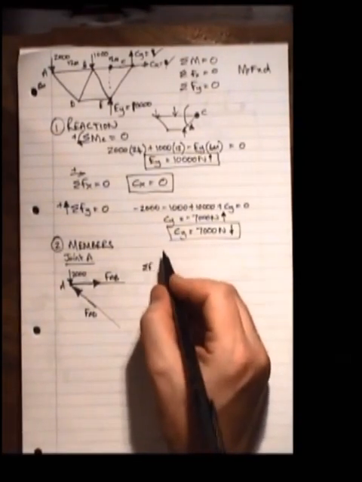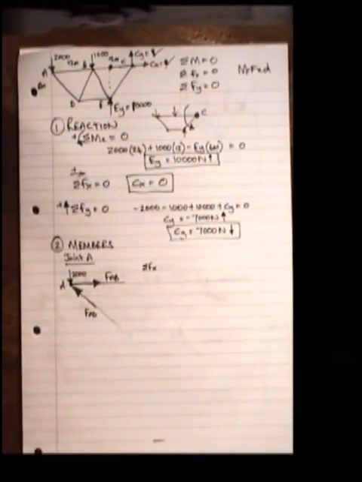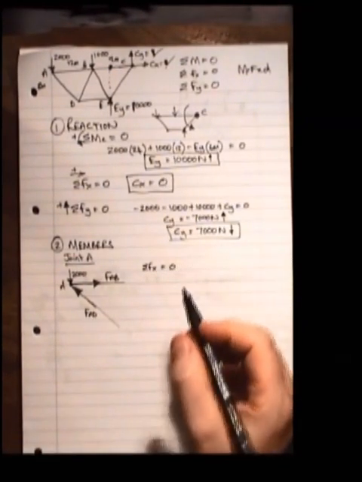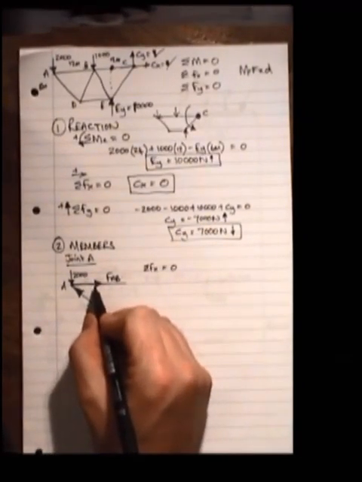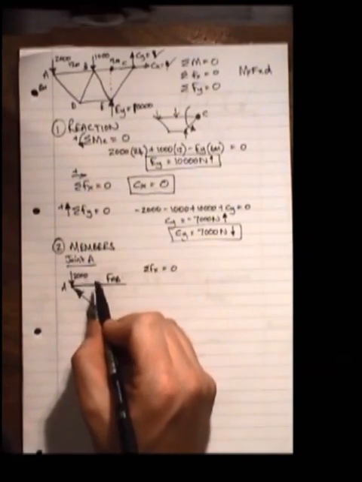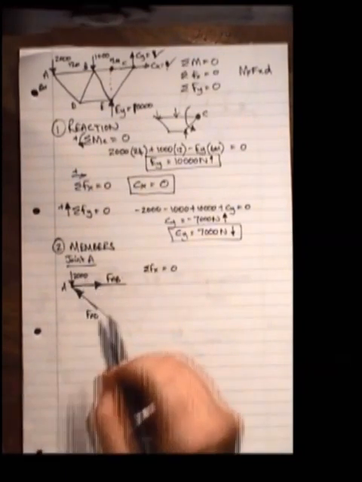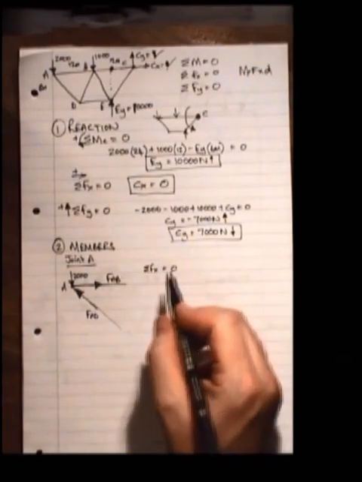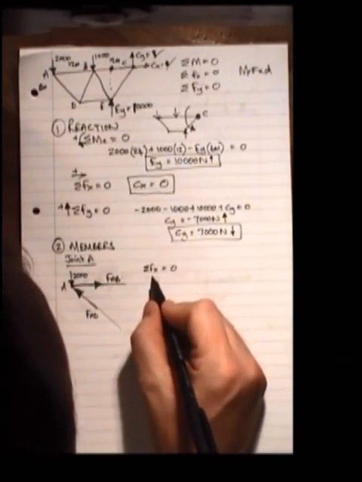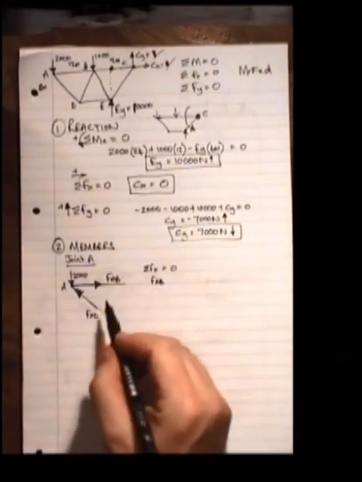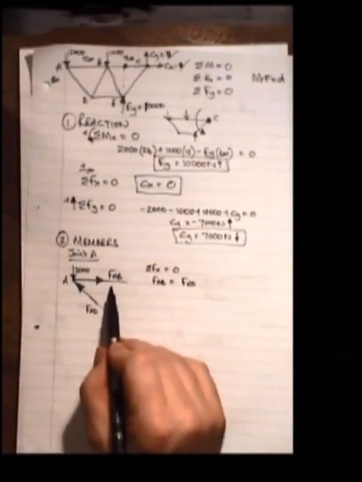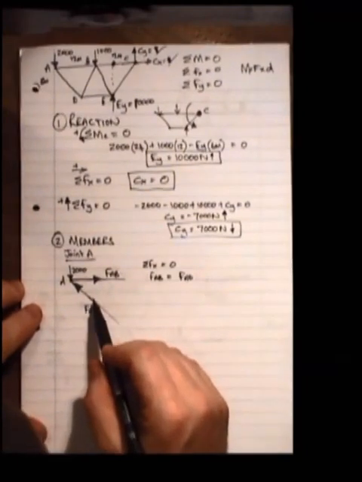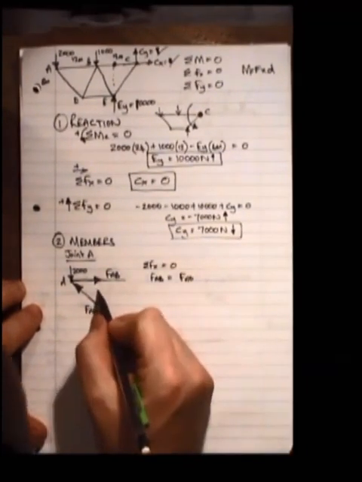We look at the sum of forces in the x direction, and that will equal 0. So what have we got? We've got FAB and we have FAD. Now FAB is in a horizontal direction. FAD, you have to take the horizontal component of FAD.